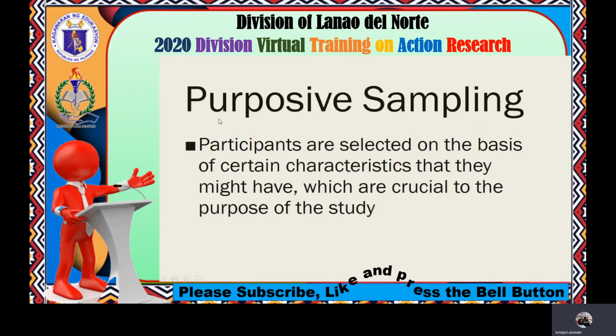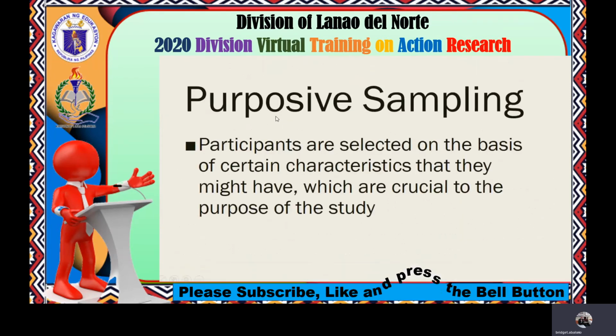Because you have inclusion criteria, you selected the non-readers because they are the ones who can be the experimental participants of your intervention. And why only them? Because they are the only non-readers of your school. So in purposive sampling, you need to have exclusion and inclusion criteria in order for it to be justified.